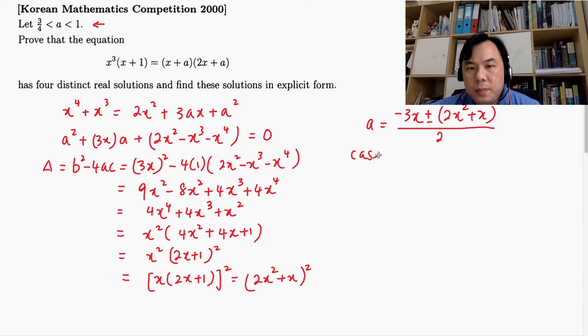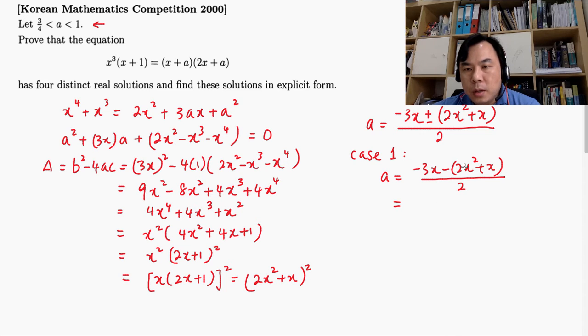Case 1: we let a equal to 3x plus 2x squared plus x, divided by 2. So from here, we will be able to get negative 2x, negative x squared. That's our first solution there.